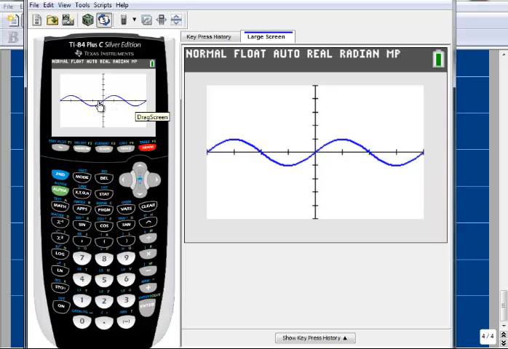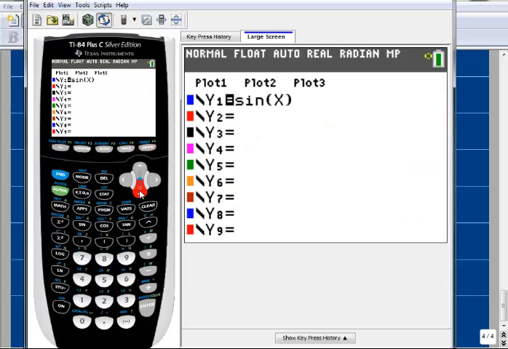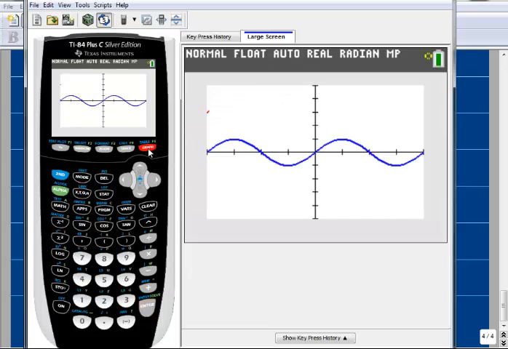Now I want to illustrate that if I add a constant onto the end of this function, say sine x plus 3, the calculator will change the colors. I think this is going to graph in red. When I press graph, I see in red that the plus 3 on the end shifts the entire graph up 3.